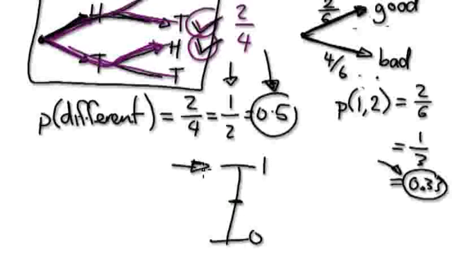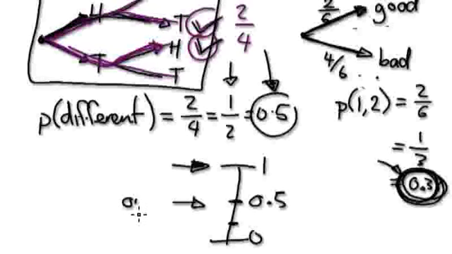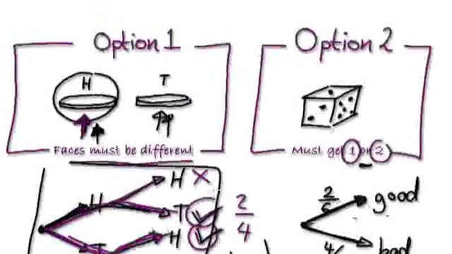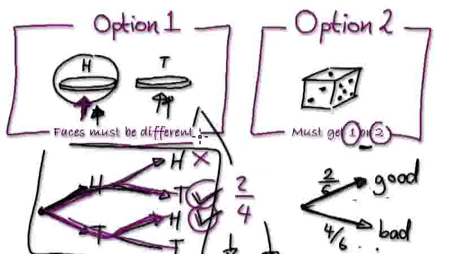Remember, when it's nearer to 1, it's easier to get. With option 2, 0.33 is probably somewhere around here. Because option one is higher, option 1 is easier to do. Okay, you should have taken option 1.